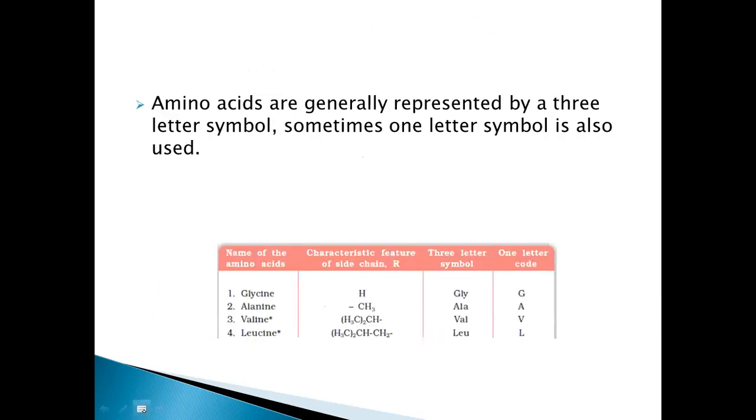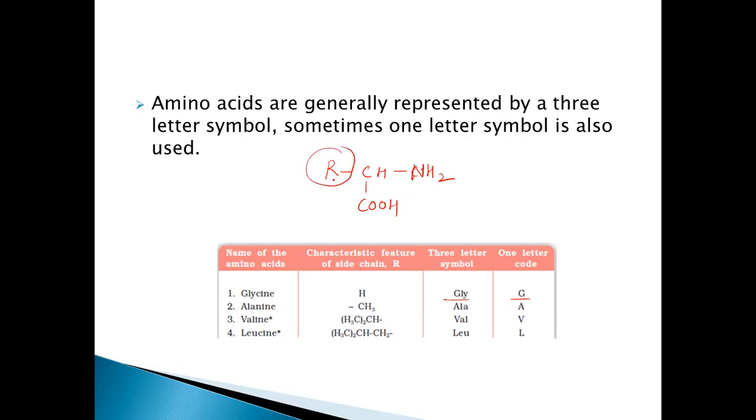Alpha amino acids are generally represented by a three-letter code, or a single-letter code can also be used. The general formula is NH2-CHR-COOH.